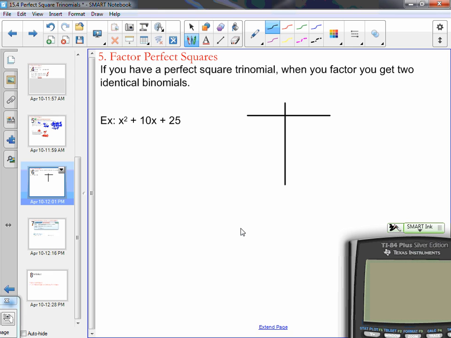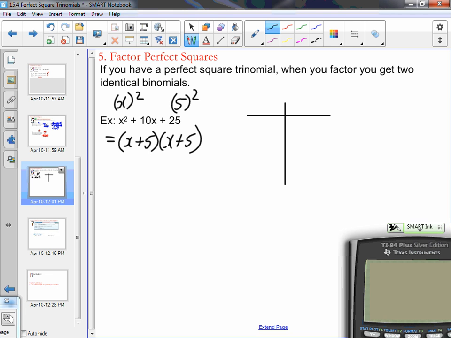So I don't need the chart. I know that the factorization is a plus b times a plus b. X plus 5 times x plus 5. With me? It seems like magic if you're not. But I decided that that was x squared. That's 5 squared.